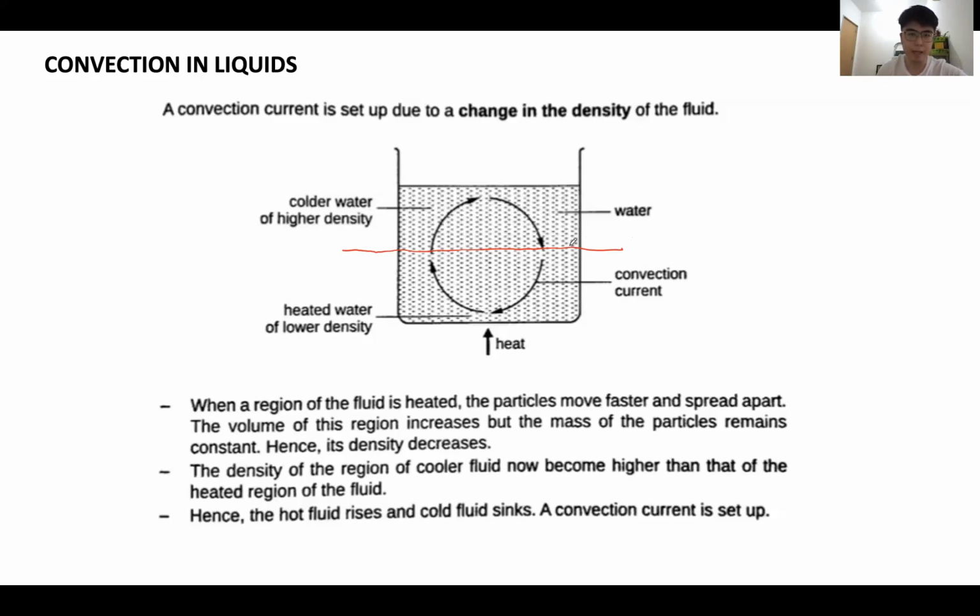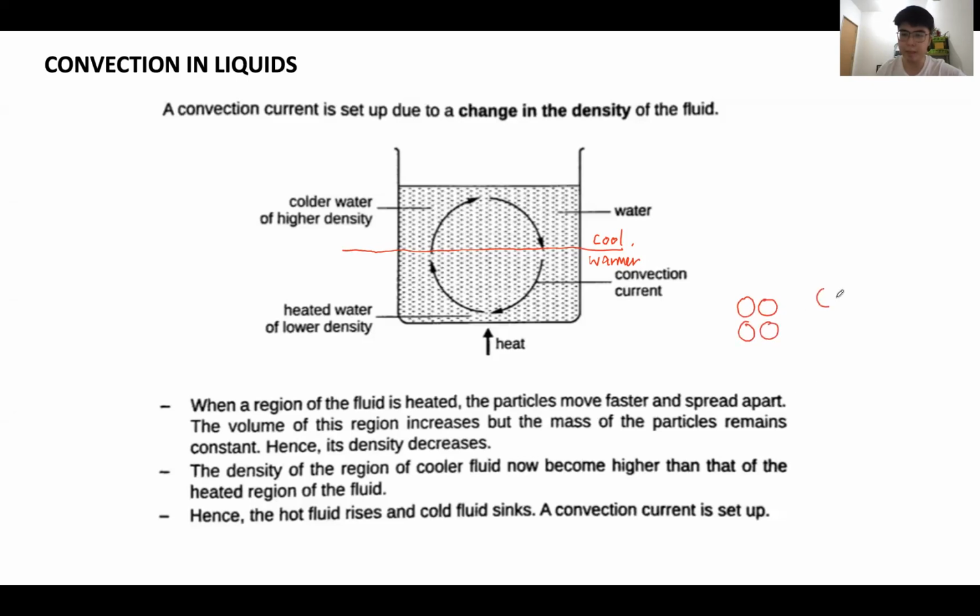Right. So we draw an imaginary line here, separating the two regions of water. If I heat the bottom, then I get warmer liquid at the bottom and cooler liquid on top. What happened to the heated water? When you heat the water, the particles expand. Here we have 4 particles.